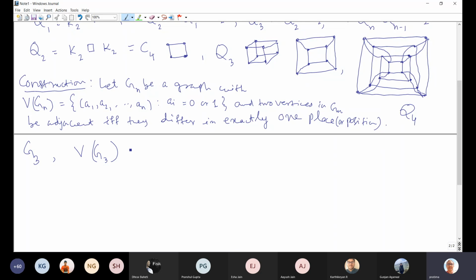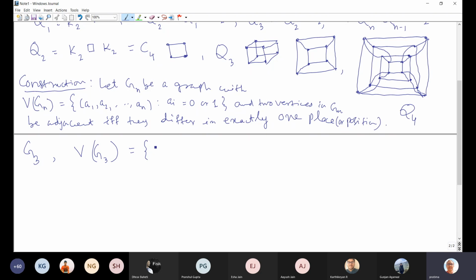The tuple consists of three components, so the vertices are strings of zeros and ones of length 3.